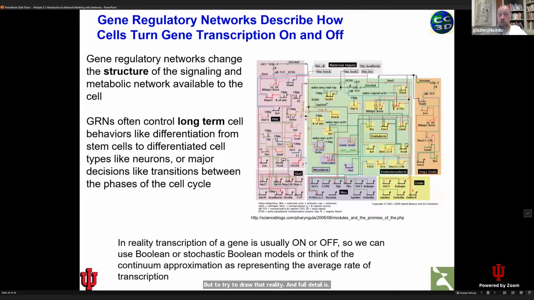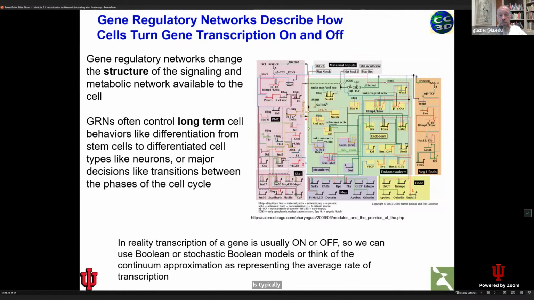We will assume that genes are turned on and off with some rate that depends on the concentration of the regulators. In reality, transcription at least tends to be Boolean. A gene is either being transcribed or not, and the rate at which the RNA polymerase walks the gene is typically relatively constant.